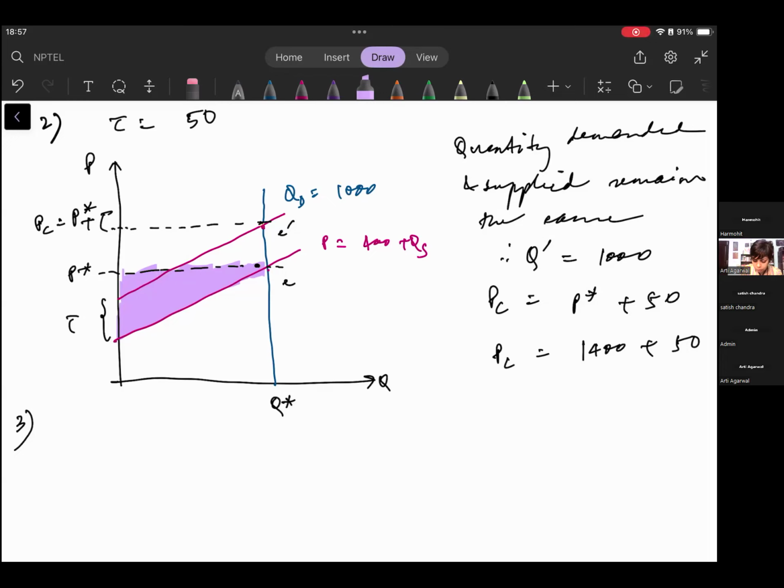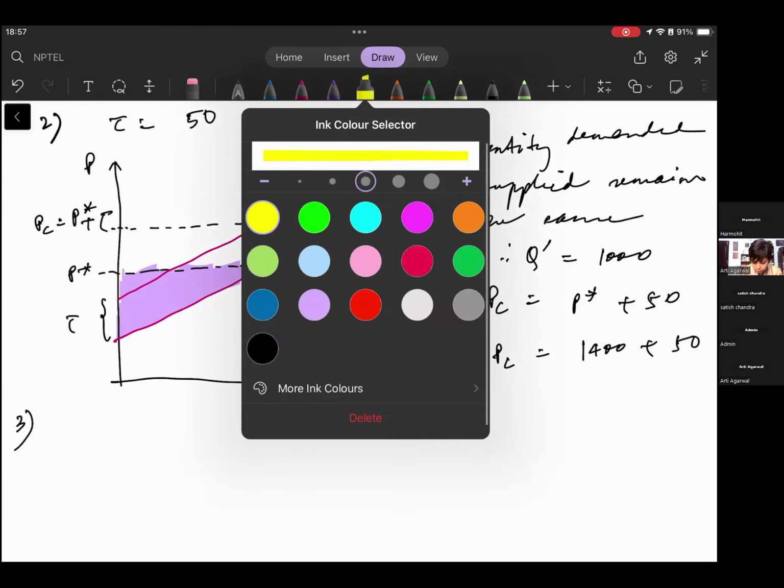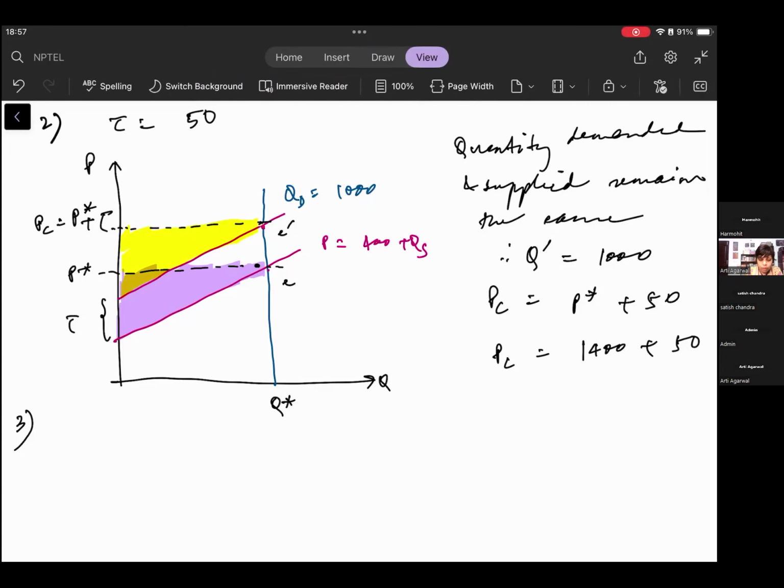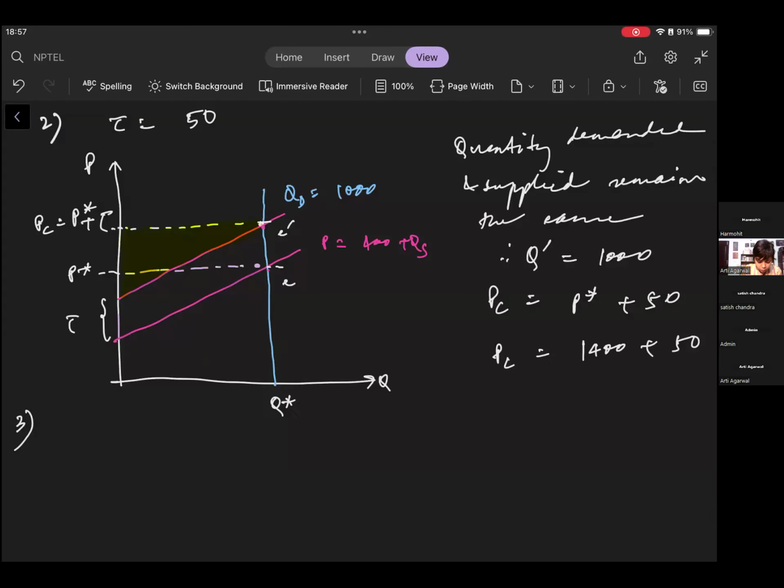It's just representative. Geometrically, you can see that even after shifting, if I mark this in a different color, this is the new producer surplus. And this is exactly the same as the previous value. Even diagrammatically, my drawing is quite all right this time. Both triangles are exactly the same, congruent, so the area is the same.